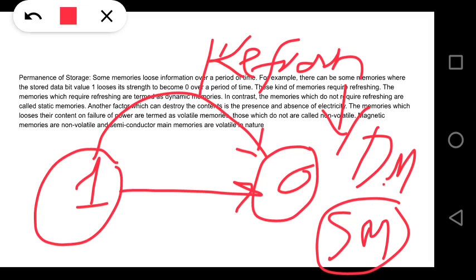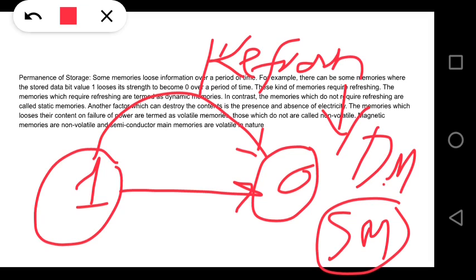So this property, permanence of storage, says that over a period of time, memory devices may lose their information. Losing the information here means 1 becomes 0, because it becomes weak. When 1 loses its strength, it becomes 0.